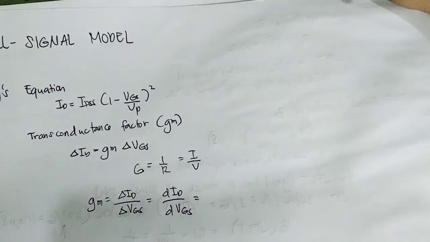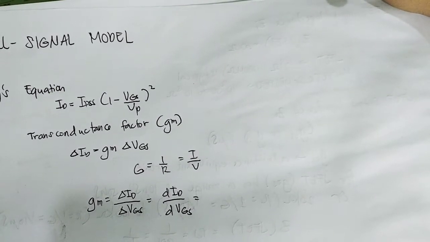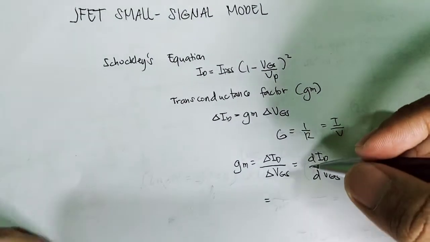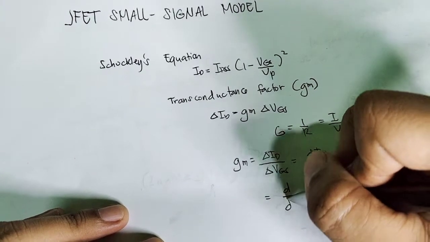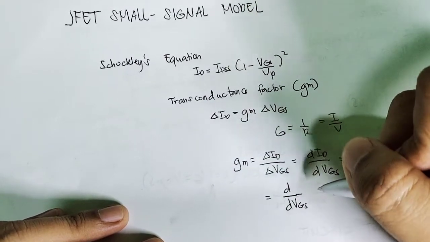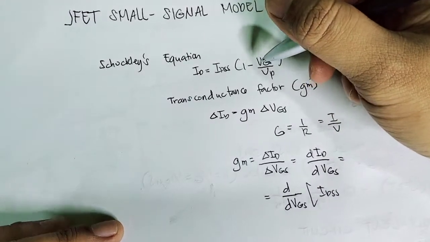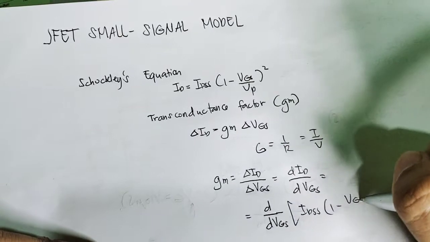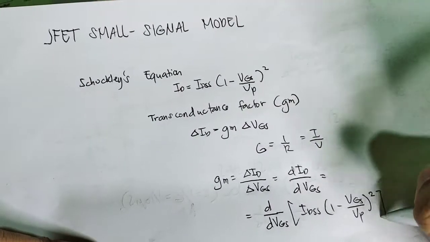If you take the derivative of the drain current function with respect to the gate to source voltage, substitute the equation: I sub DSS times (1 minus V sub GS divided by V sub P) squared.